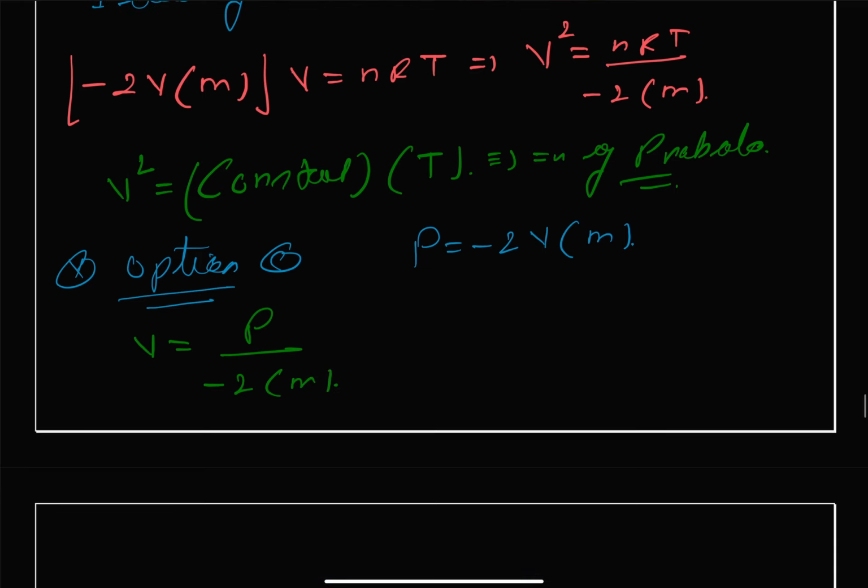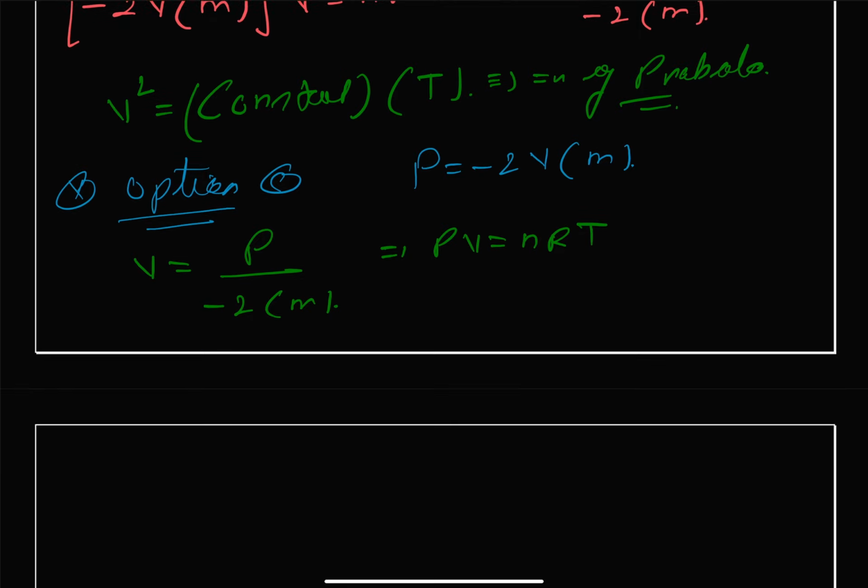And we have our ideal gas equation, PV is equal to nRT. So we substitute the value of V, so we get P times P upon minus 2 times M is equal to nRT.